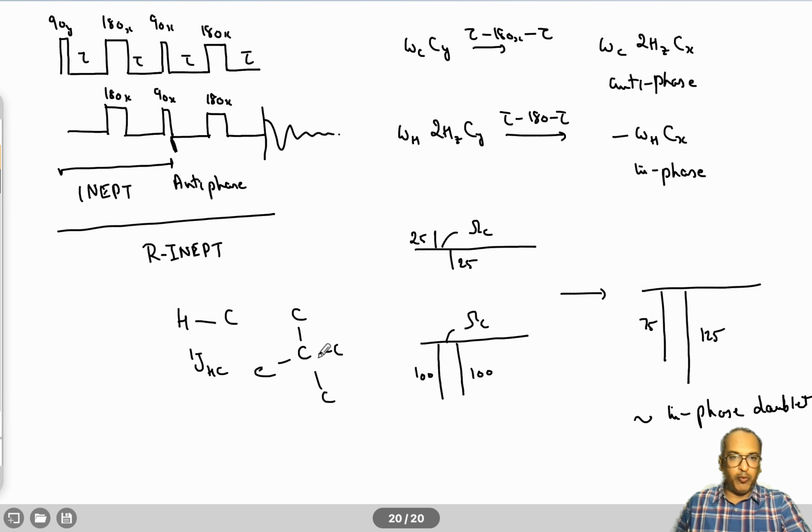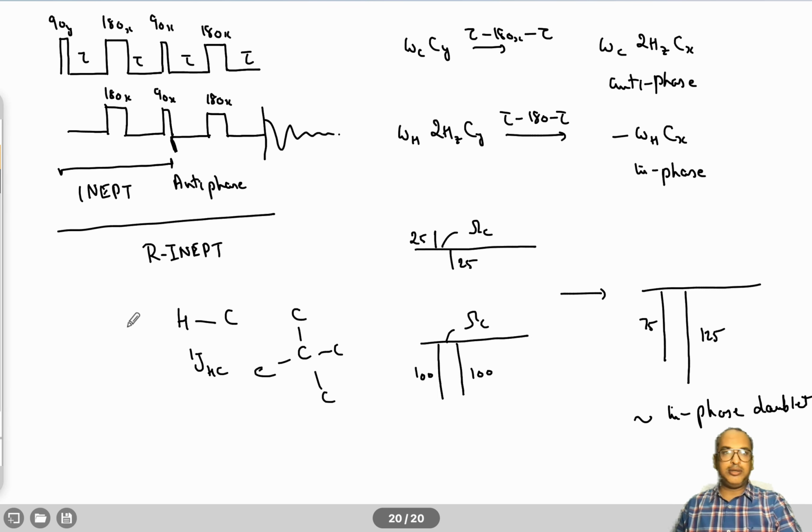So one advantage is that you filter out all the signals which do not have protons connected, so you get signals only from protonated carbons. One disadvantage is that you lose the information on carbons which do not have protons. Either way, that really depends on your requirement, what kind of spectra or molecule you are dealing with. But the advantage is a big gain in signal to noise.